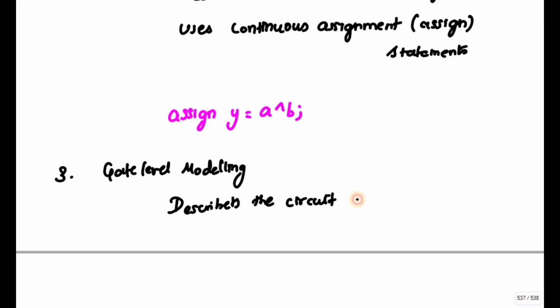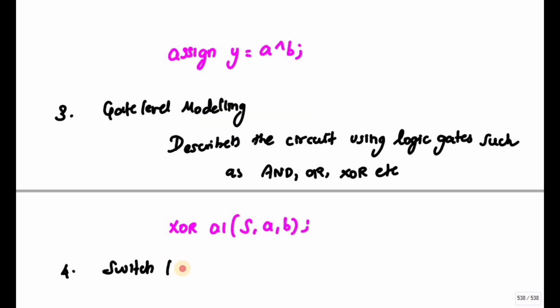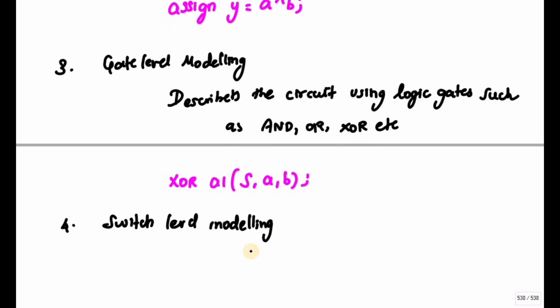The third type of modeling is gate level modeling. It describes the circuit using logic gates such as AND, XOR, XNOR, etc. The example for this is xor, which is the name of the gate. Then you give an instance name for the gate, because we can use many XOR gates.